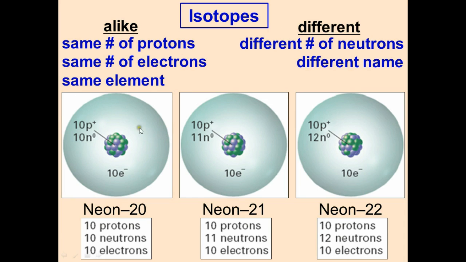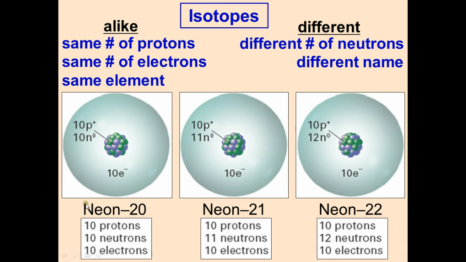They have the same exact properties, but they have different numbers of neutrons, and they have a different name, but they're still the same element. So not to be confused with the element name, it's just the different number they put at the end of the element name. Because they have a different number of neutrons, they have a different mass.